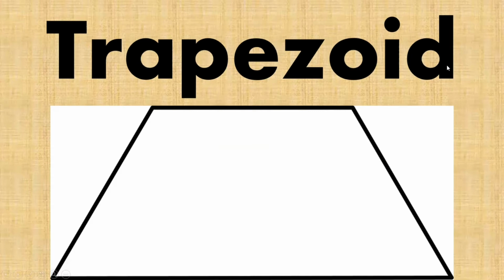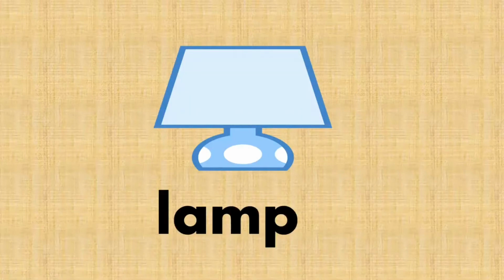T-R-A-P-E-Z-O-I-D. Trapezoid. Great. An example of trapezoid shape is this one. This is a lamp. A lamp. Okay, as you can see, the shape of the lamp, it has 4 sides.